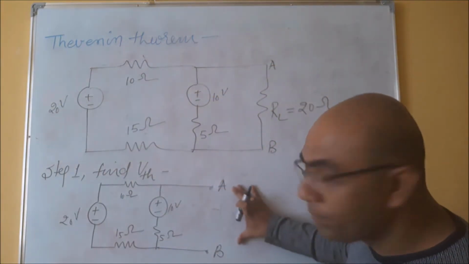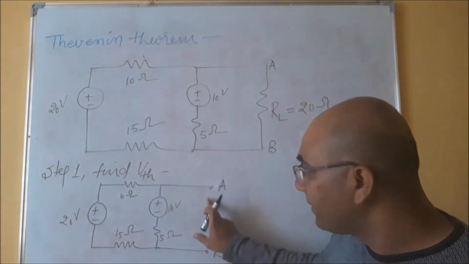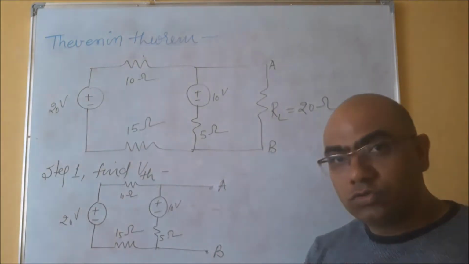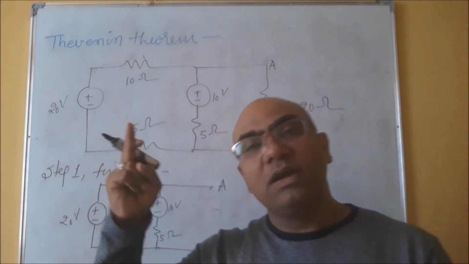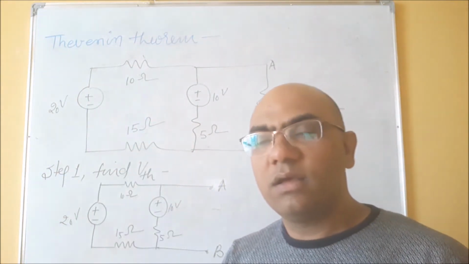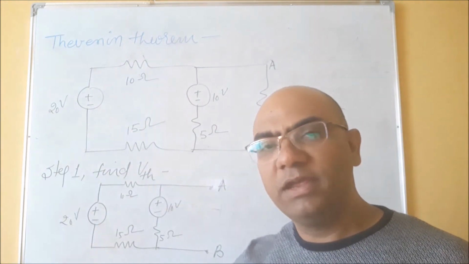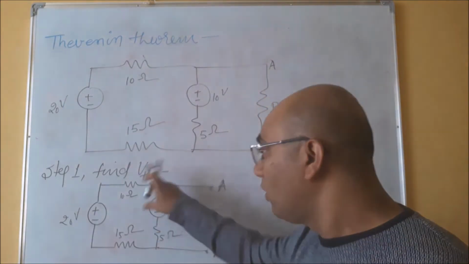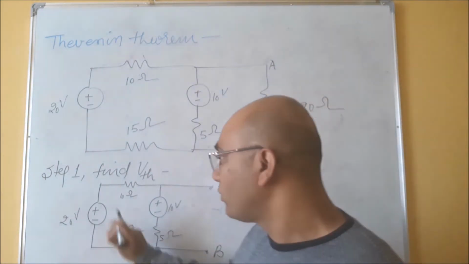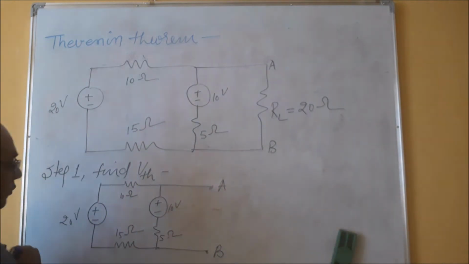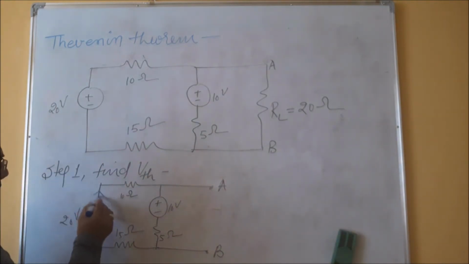The load terminal will be open and whatever voltage comes at this point will be known as VTH, right? So we will start as we have studied with Kirchhoff's law, and simply try to find the value of the current first in the circuit. Suppose again a current I is flowing here.